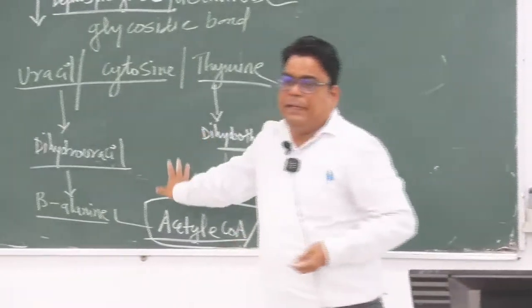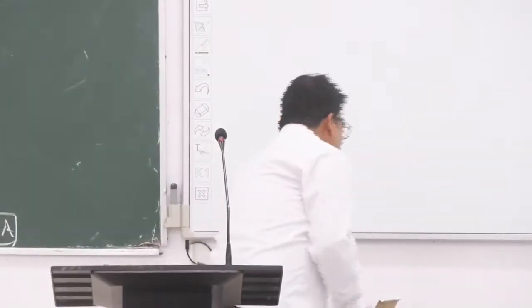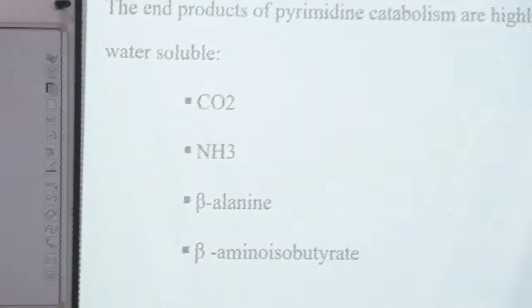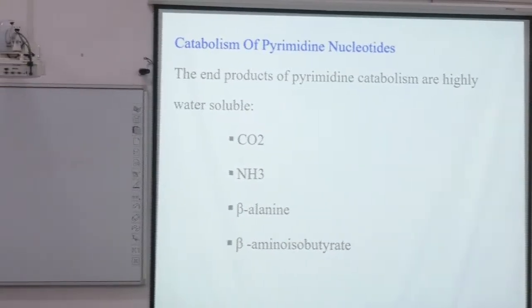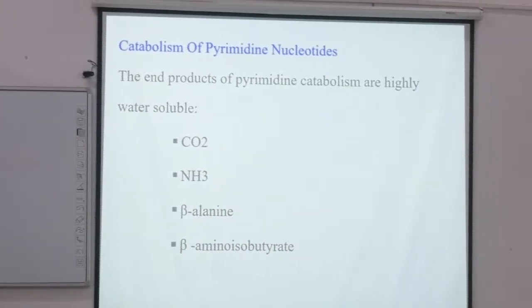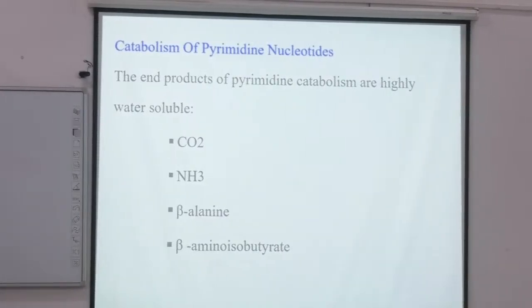Okay, so this is the degradation of pyrimidine. Now we see the slide. Catabolism of pyrimidine nucleotides ultimately gives these end products: CO2, NH3, beta alanine, and amino isobutyrate.